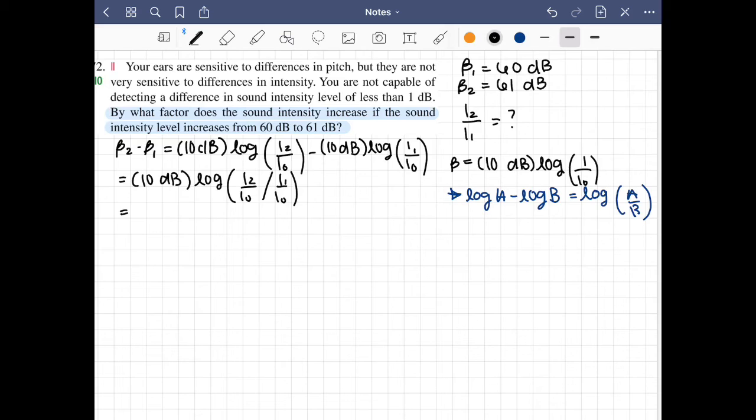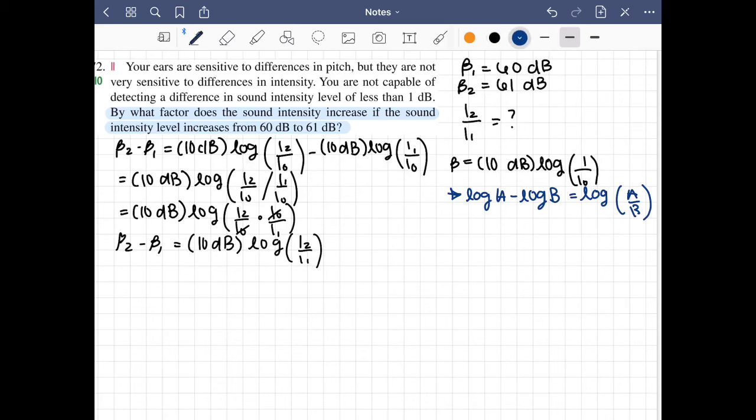That's equal to 10 decibels times the logarithm of I2 over I0 times I0 over I1, because we flip them, and then the I0s are going to cancel. So we get that beta 2 minus beta 1 is equal to 10 decibels times the logarithm of I2 over I1, which is what we were looking for. Now we can begin plugging in some values to solve for I2 over I1.